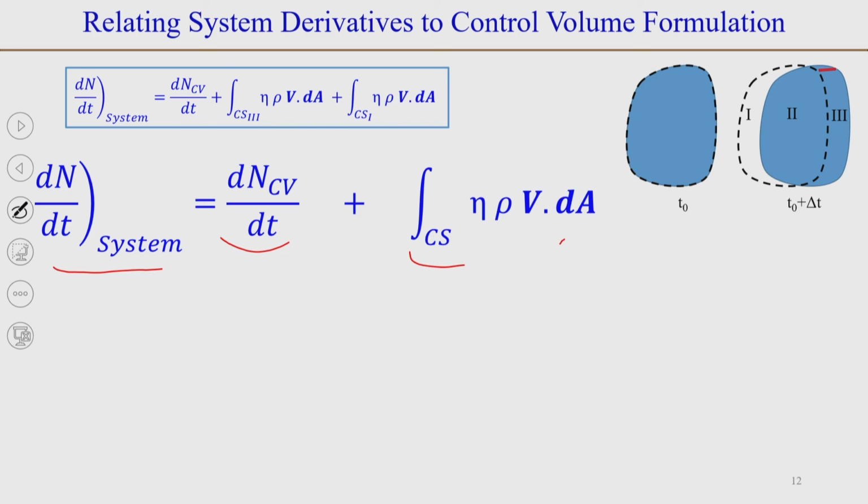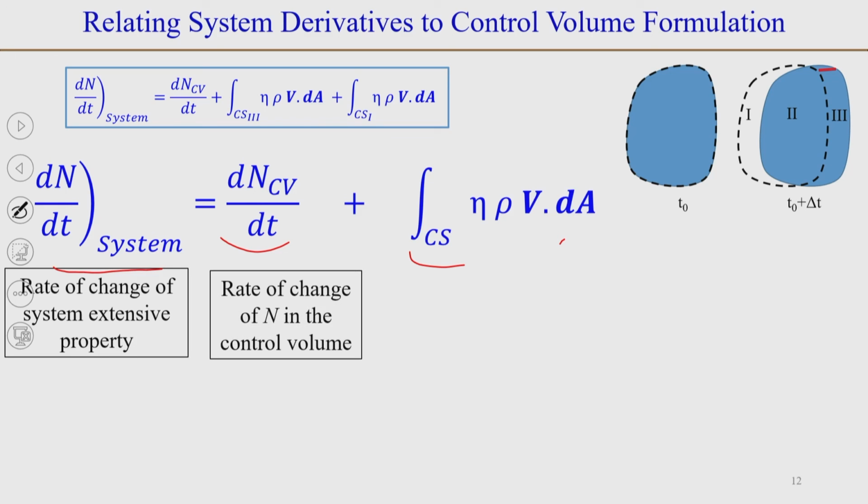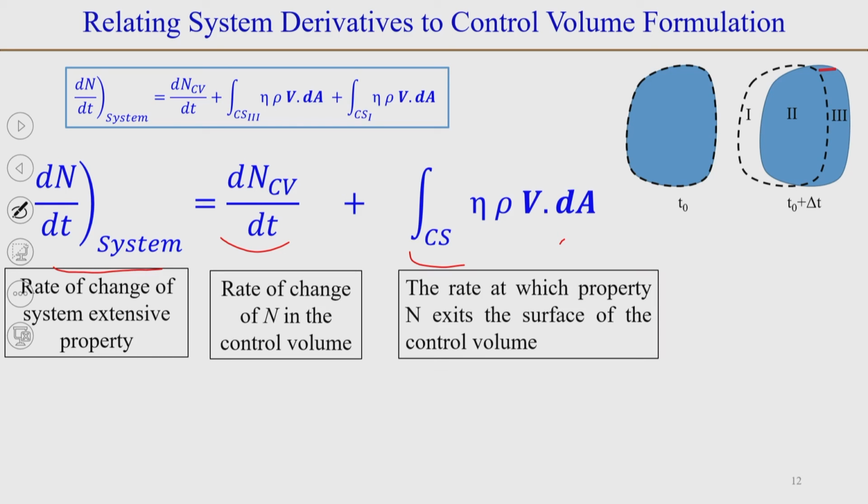plus the net outflow from the control volume. That is, the rate of change of extensive property N is equal to the rate of change of N in the control volume plus the rate at which the property N exits through the surface of the control volume.